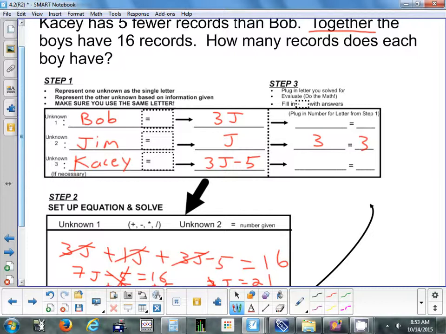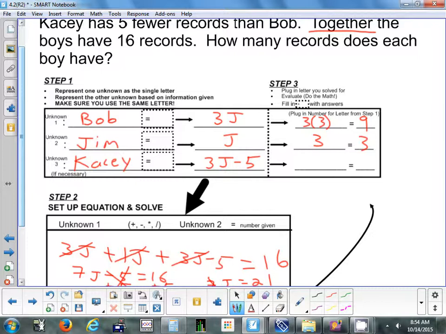Now we have to go back and find Bob and Casey. Okay, let's start with Bob. What do we fill in for J? Yep, 3. So we have 3 times 3. All right, there's our arithmetic. Bob has 9. And do it one more time.